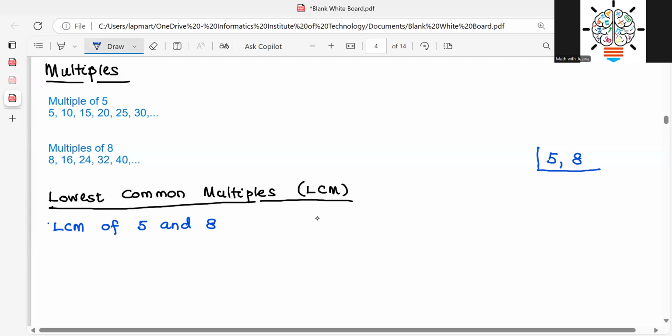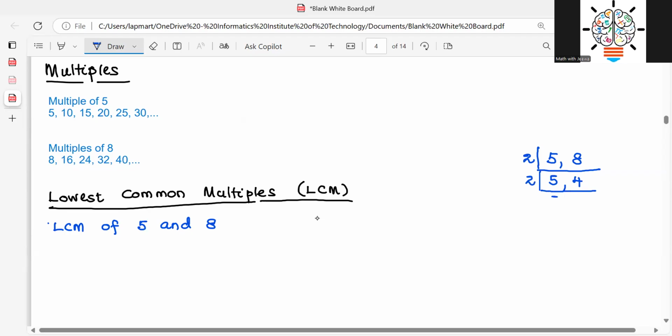We want to divide them by prime numbers, starting from the lowest possible prime number. The lowest possible prime number here is 2, no? So I can't divide 5 by 2. I keep it as it is. And 8 divided by 2 is 4. And I again divide this by 2 because 4 is divisible by 2.